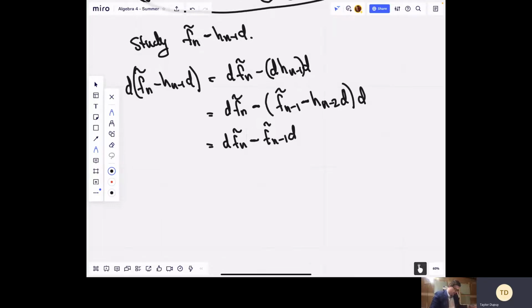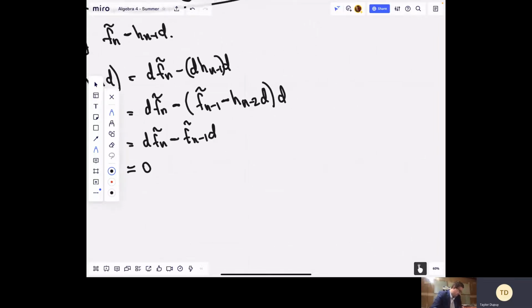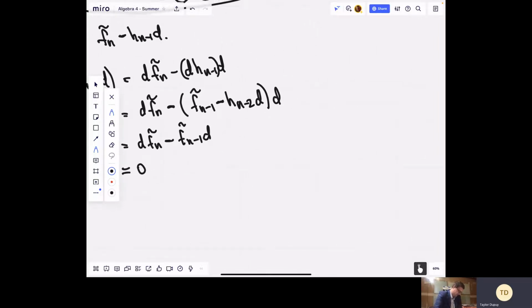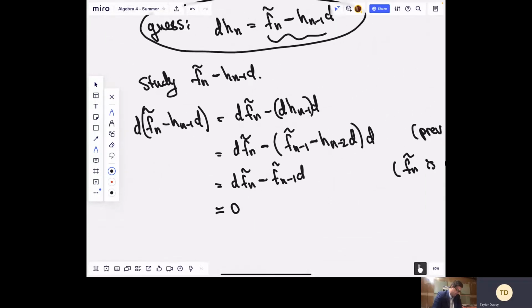So this thing ends up being 0. Why is this? This one is from our previous equation, right? And this is because Fn tilde is a chain map, so the diagram commutes with the Fn tildes. So this thing is 0. So what does this give us?